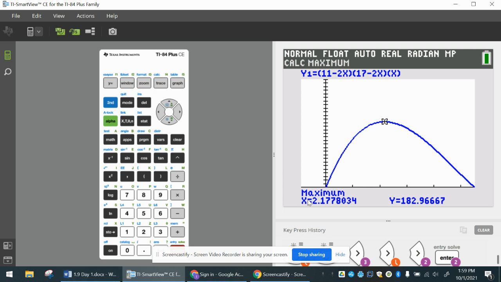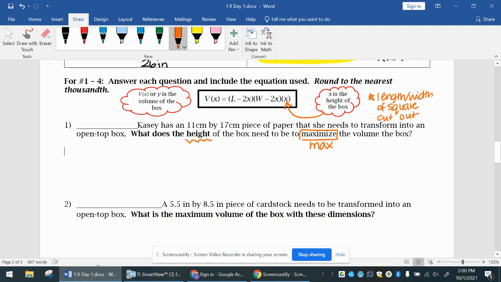So the maximum length of that little cutout square is the height of the box. So 2.178 centimeters is the max height of the box to maximize the volume of 182.967. The height of the box is 2.178 centimeters.